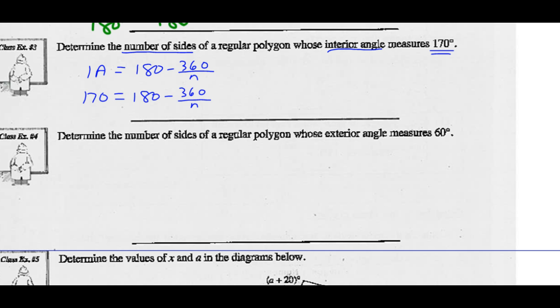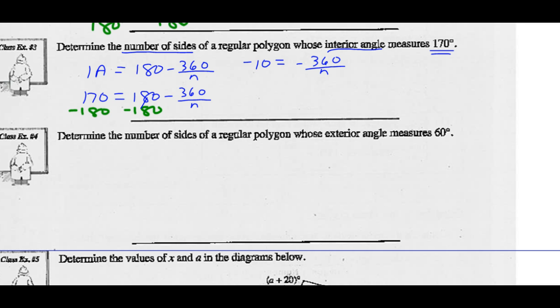Now we have to solve this equation for n. So we could do a couple things here if you don't mind dealing with negatives. I'm still going to minus 180 from both sides. So 170 subtract 180 is a negative 10. And 180 minus 180 is 0, so I'm left with a minus 360 over n.